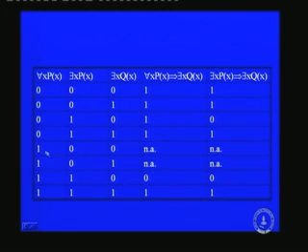These two lines of the truth table are not applicable, because when for all of x p of x is true, you cannot have there exists x p of x false. This is not possible. So these two rows of the truth table are not applicable.